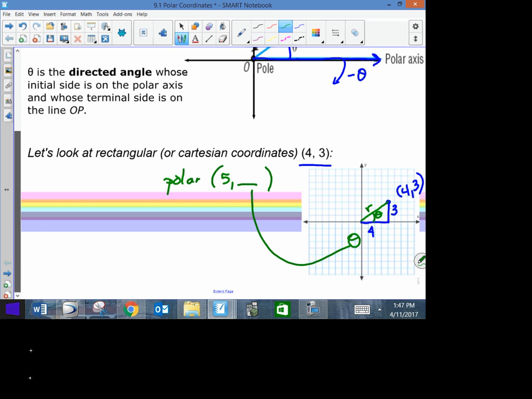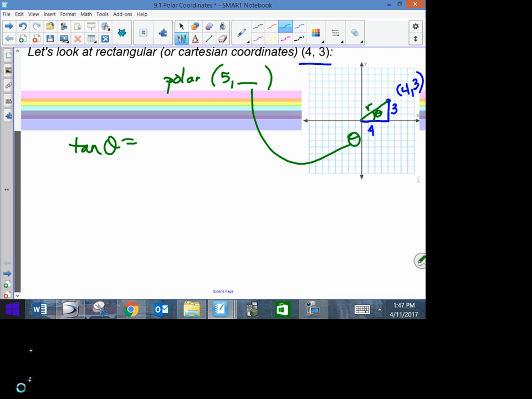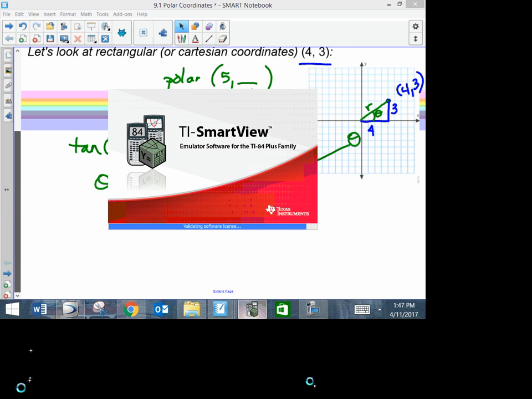Inverse what? Anyone? Yeah, let's start with tangent of theta equals what? 3/4. So theta is going to be inverse tangent of 3/4. Now that is not one you would know. So you go to the calculator and you set up degrees.